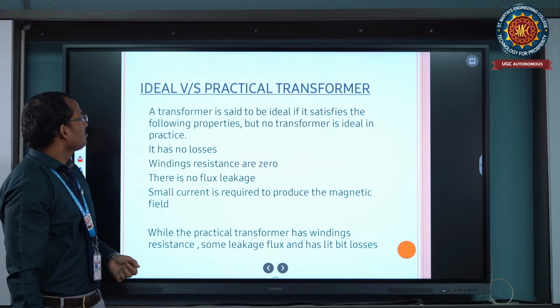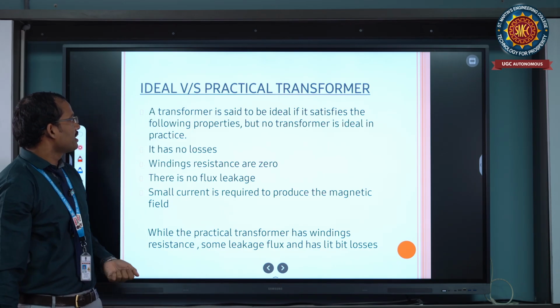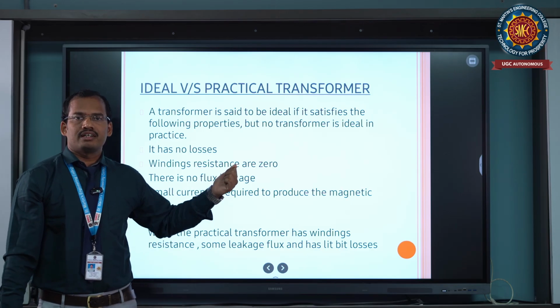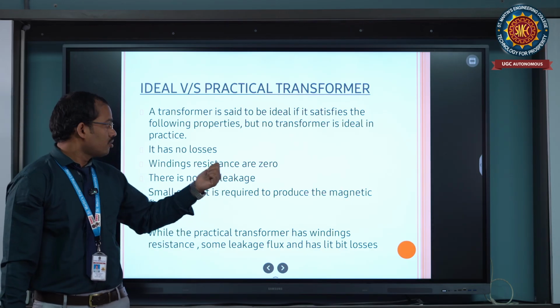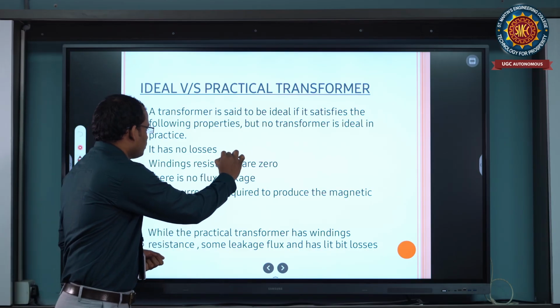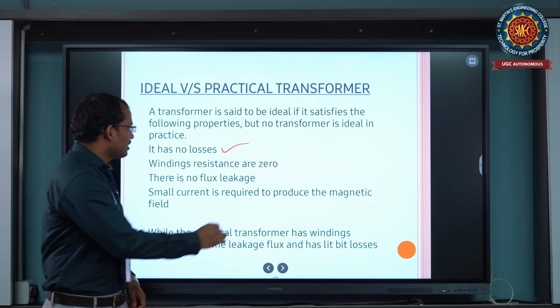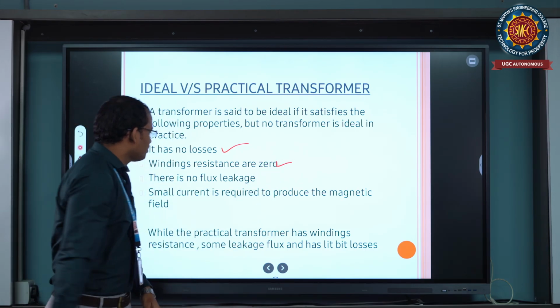And next one, ideal versus practical transformer. An ideal transformer has no losses, the winding resistance is 0, and there is no leakage flux.